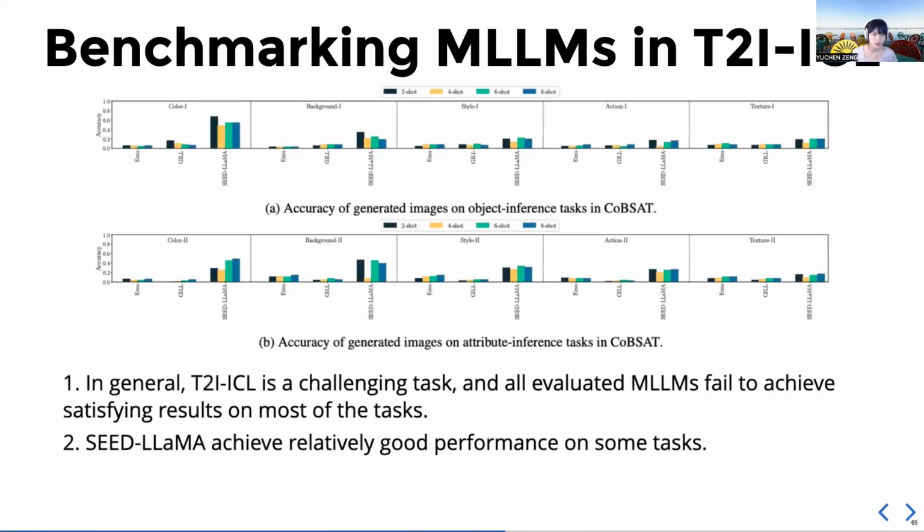And here we just visualize the exact accuracy we calculated for those models. We have conducted the experiments on 4 different settings: 2-shot, 4-shot, 6-shot, and 8-shot. By observing the results from the 10 tasks, we found that in general, T2I ICL is a challenging task, and all evaluated MLLMs failed to achieve satisfying results on most of the tasks.